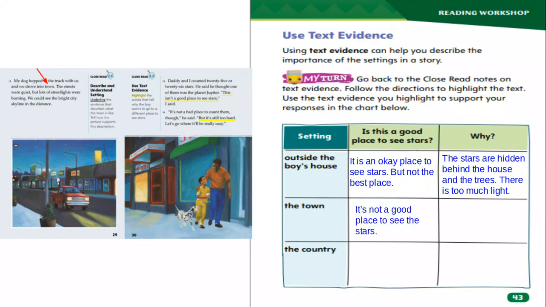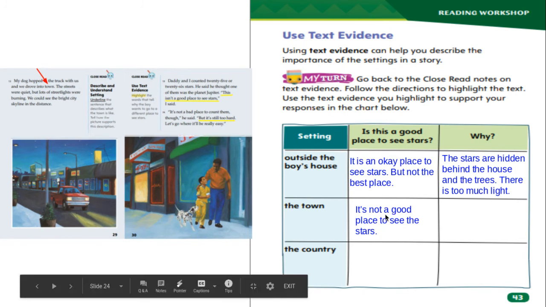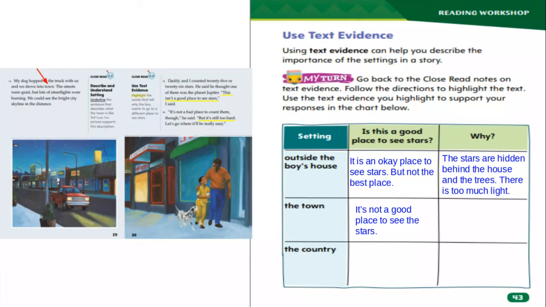Well, it's not a good place to see the stars. Now we need to go back into the text and prove this. Can't just make up something. We have to get our evidence from the text. So we say it's not a good place to see the stars. Why? What do you think? Go back into the text.